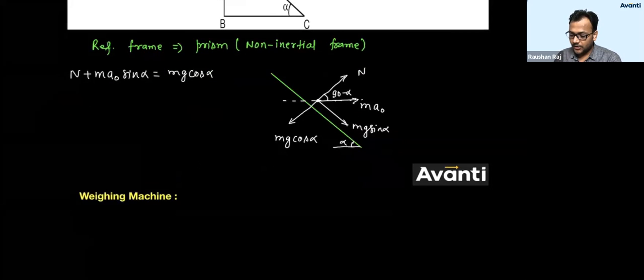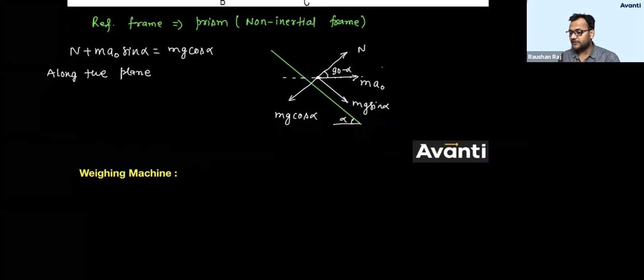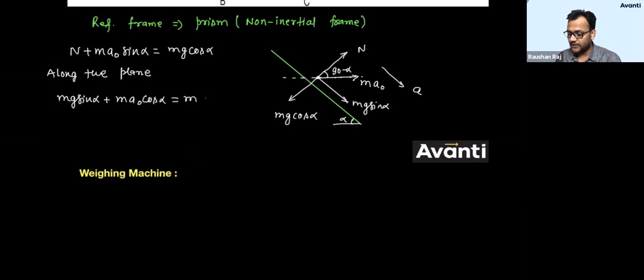Now along the plane, let us try to write the force equation along the plane. So block is accelerating downward with acceleration a, so net force must be acting downward. So I'll write mg sin alpha plus ma naught cos alpha must be equal to m into a. Guys, do you have any doubt here if I write in this form?